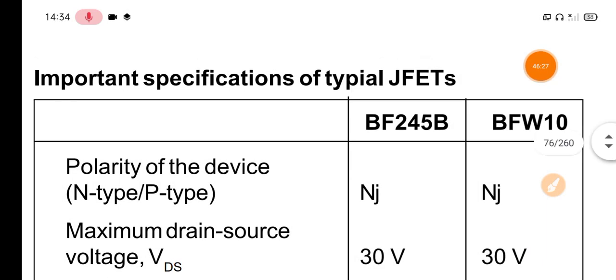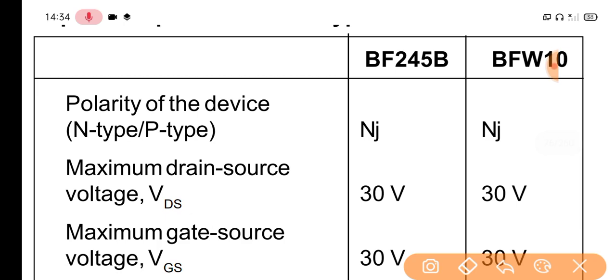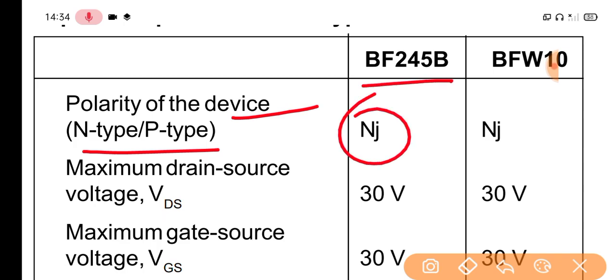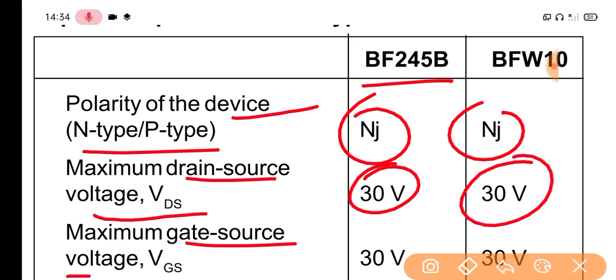Important specifications of a typical JFET, that is, polarity of the device, N type or P type. BF245B, NJ and BFW: maximum drain source voltage VDS 30 volt, BFW 30 volt, and maximum gate source voltage VGS 30 volt.